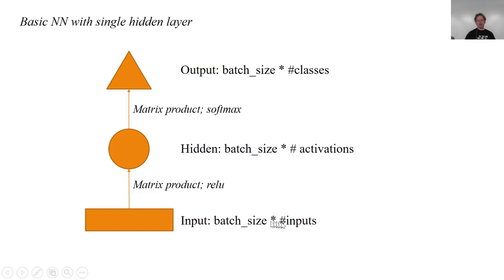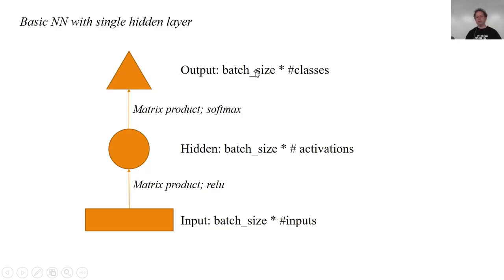So we started with batch size by number of inputs, and after we do this matrix operation, we now have batch size by, whatever the number of columns in our matrix product was, the number of hidden units. Okay, and if we now take these activations, which is a matrix, and put it through another operation, in this case another matrix product and a softmax, we get a triangle, that's our output activations, another matrix of activations.